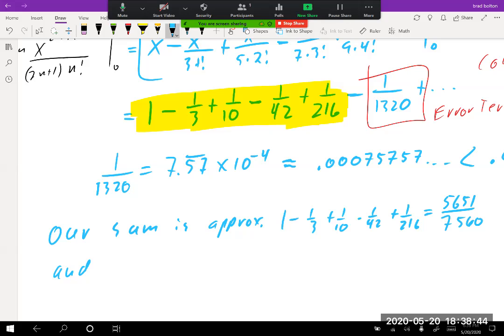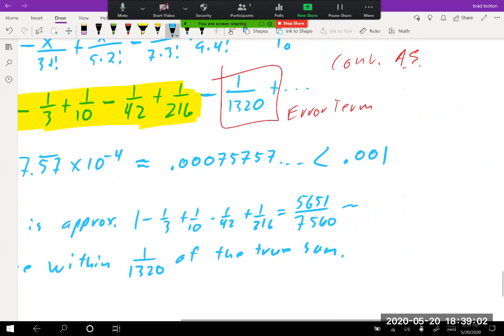And we are within 1 over 1,320th of the true sum. So we didn't actually find the actual sum, but this is an approximation of 0.7474867725.